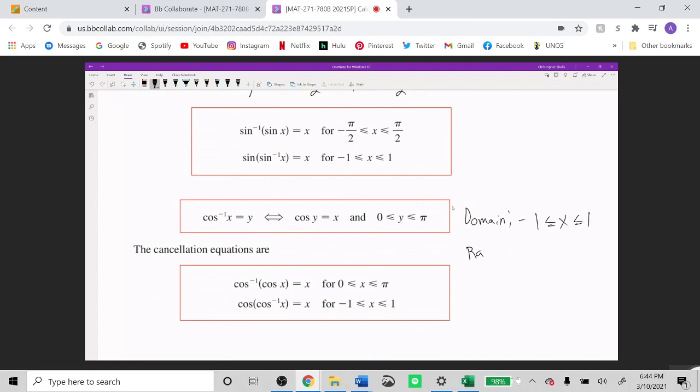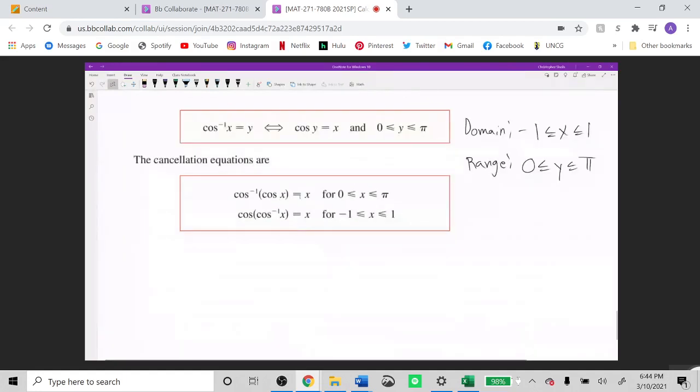The range of the inverse cosine function is going to be 0 to pi. And again, the cosine function and the inverse cosine function undo one another. Also, we're going to get different notations for these in a second.